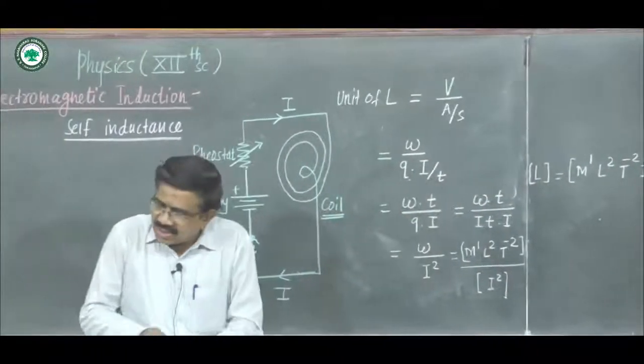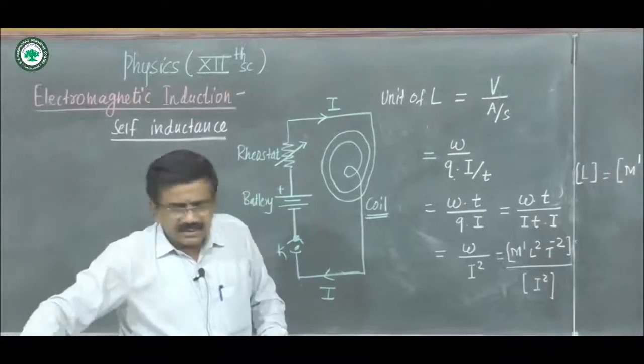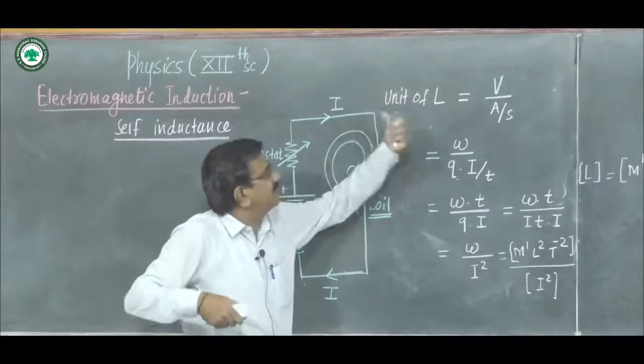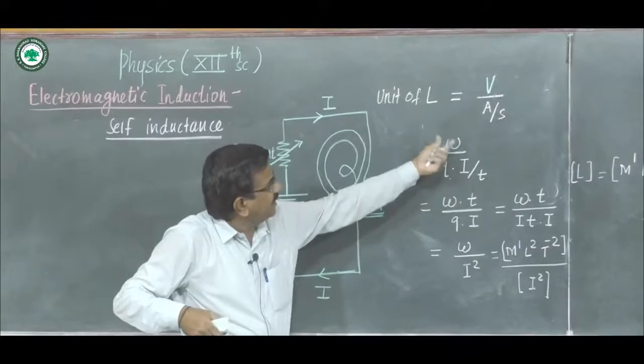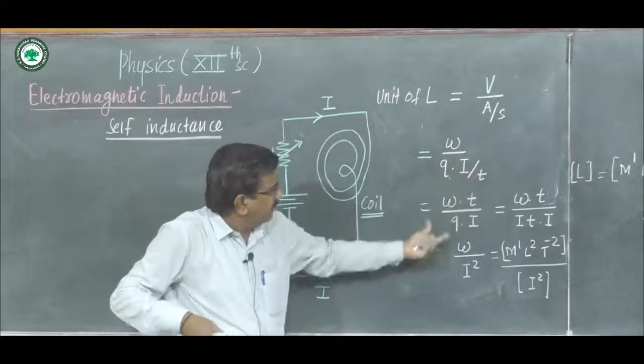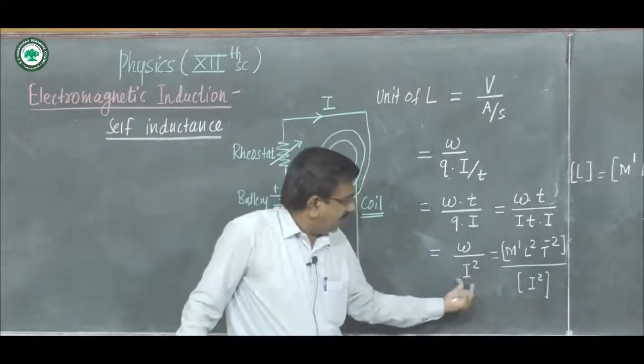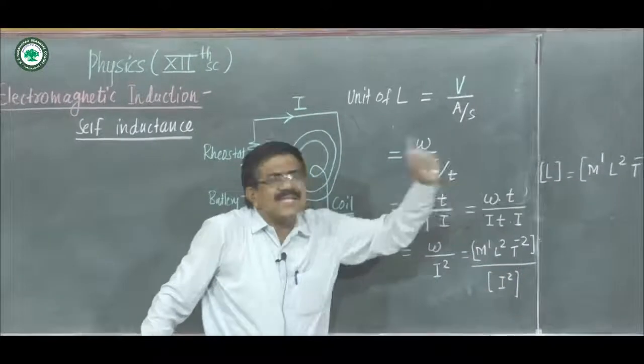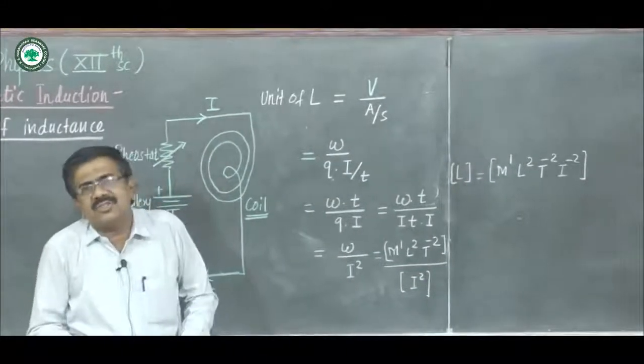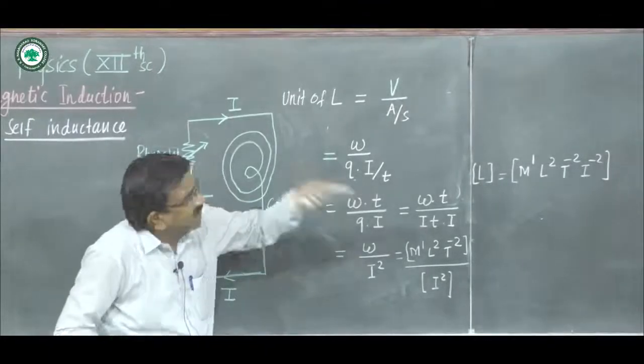These dimensions are also very simple. These are the dimensions of self-inductance using this formula. Again, V is W upon Q, simply solve it. Dimensions of work we know, dimensions of current I, and lastly we get the dimensions of self-inductance.